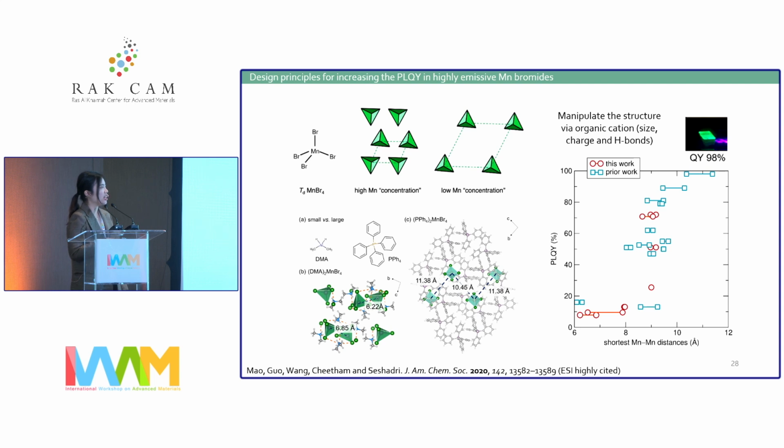At the time we found that the emission property has something to do with the manganese distance, which you can change to a very long distance. It's similar to the effect of concentration quenching: if the emission centers are closer to each other, energy recombination can easily happen, so putting them further apart is helpful for these emissions.